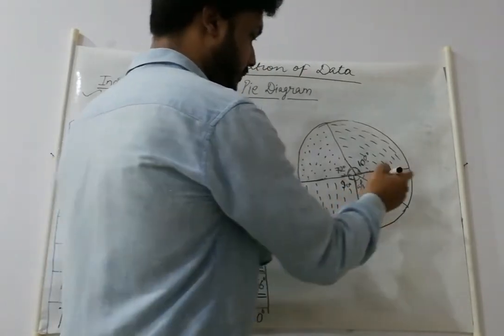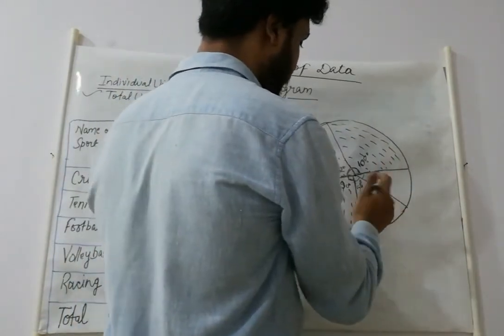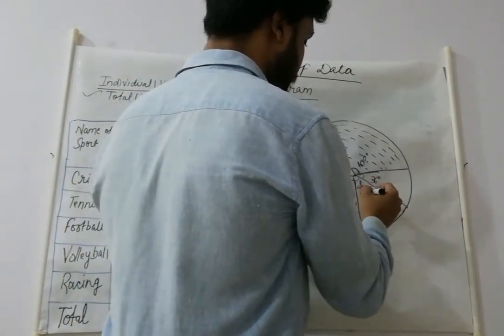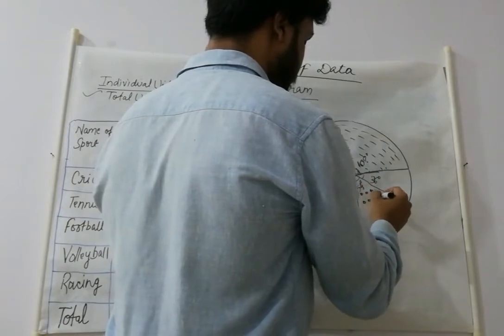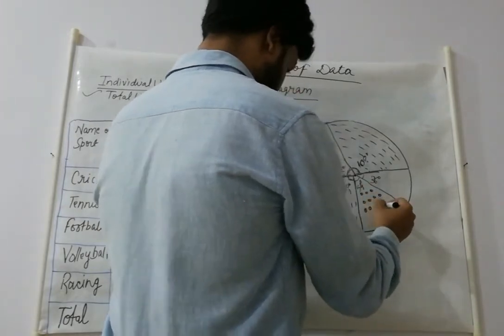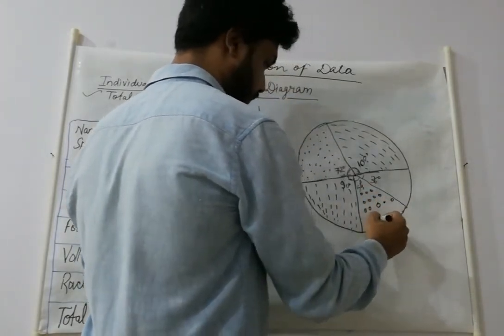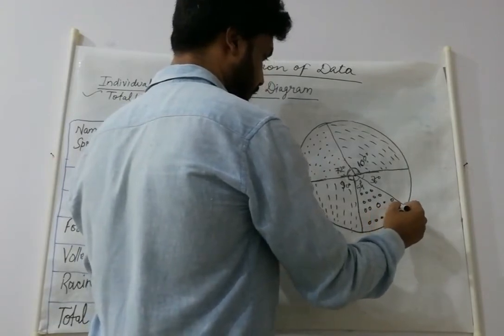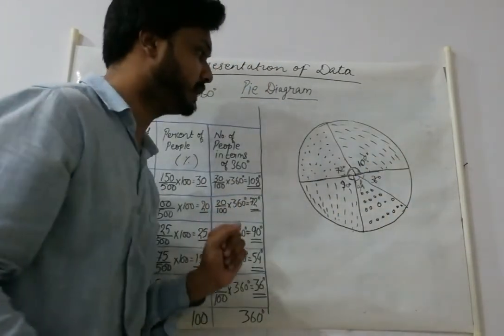But two are left, so we will have to do something here also. We can make small circles here. Okay, and leave the last one blank.